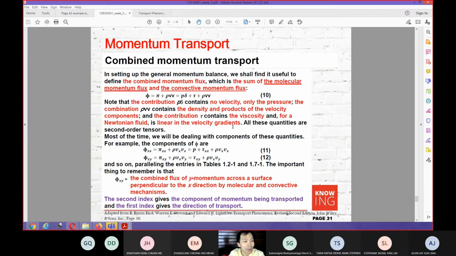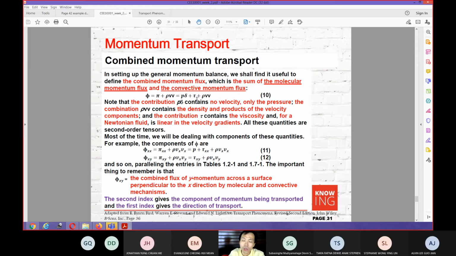Now we can sum up the combined momentum transport. We have talked about the molecular momentum transport, which is represented by this term called pi. The convective momentum is represented by the term rho v multiplied by v. The molecular contribution consists of two different contributions: one is the pressure and one is the shear force.